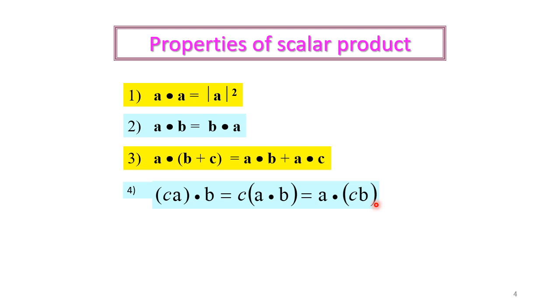Remember, the scalar here means we have a value only without the direction. That's why it is called scalar. So let's say the value is 20, then it is also 20, and this one also 20. And if 0 is dot product with any vector, the answer is 0.